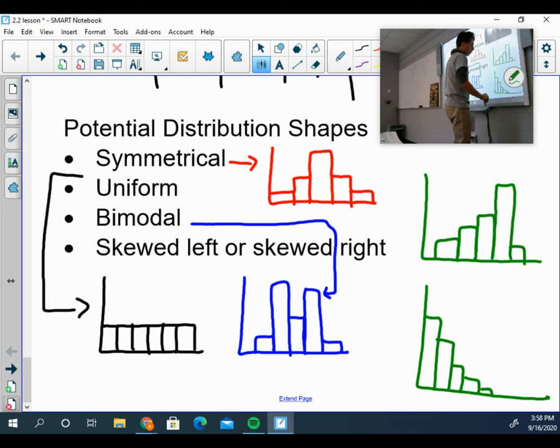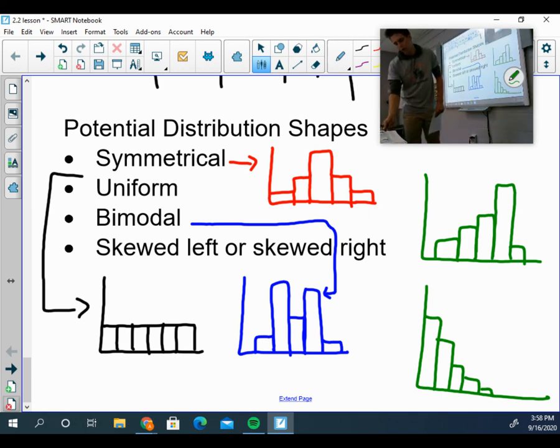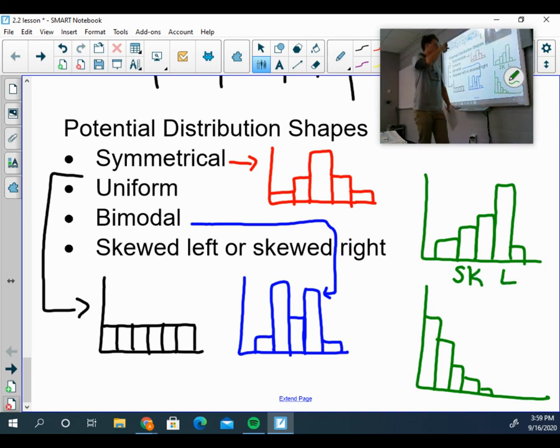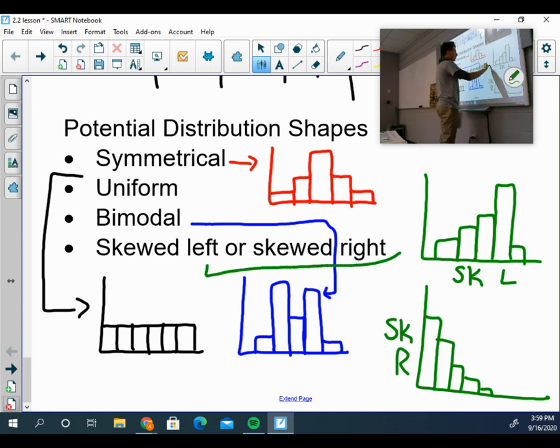Now, how can you tell which is skewed left and skewed right? Well, you can think opposite. Skewed left, the peak's going to be on the right side. Skewed right, the peak will be on the left side. Okay, so these are the different distribution shapes you will commonly see with histograms.